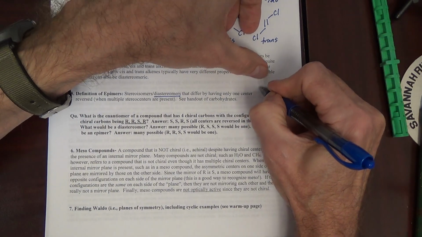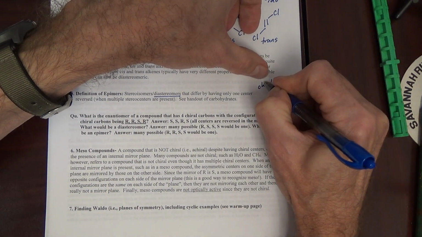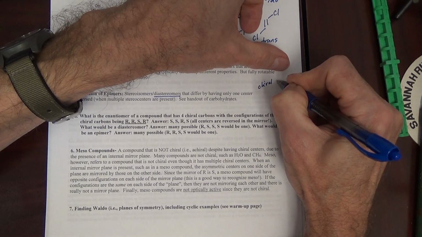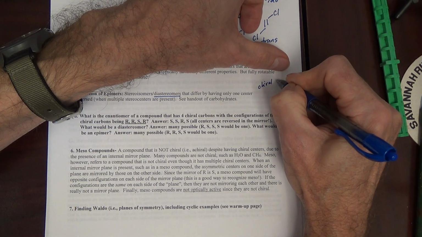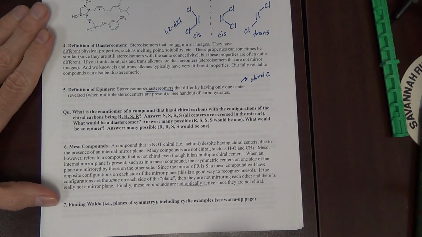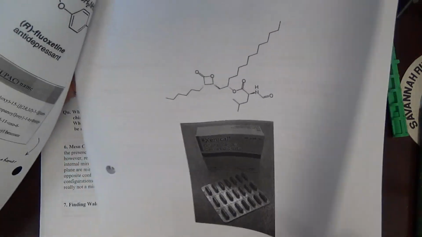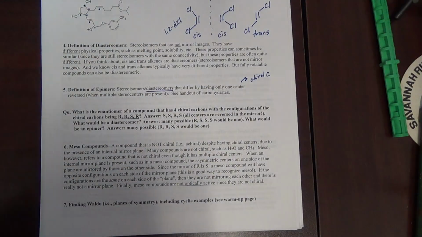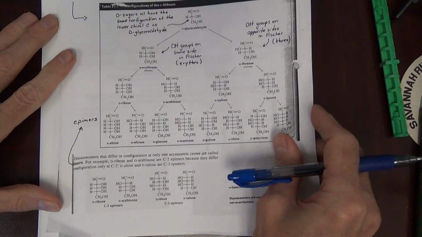And this usually refers to a chiral carbon. I could say chiral center, but I'll go ahead and be more specific with a chiral carbon. That's the most common. And epimers are seen with carbohydrates particularly.